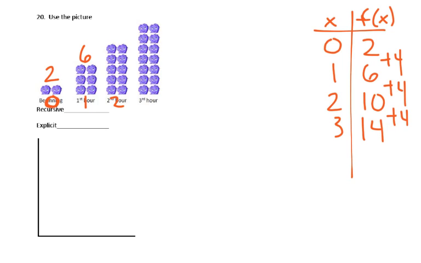So what's the pattern? Well, we're adding 4 each time, which would make this arithmetic. So graphing it would be pretty easy, right? 1, 2, 3, 4, 5, 6, 7, 8, 9, 10, and so on up to 20. Okay, we'll go one more just for fun. 1, 2, 3, 4.